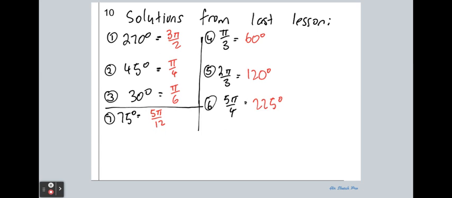Now, again, just imagine you fast forwarded a little bit and these values are so common that you now know them without thinking too hard about them. Then I can say 75 degrees is pi on 4 plus 30 degrees, which is pi on 6, and then I can go, well, that's 4 3s, that's 3 pi plus 2 pi on 12. That could be an in your head operation. So it's 5 pi on 12.